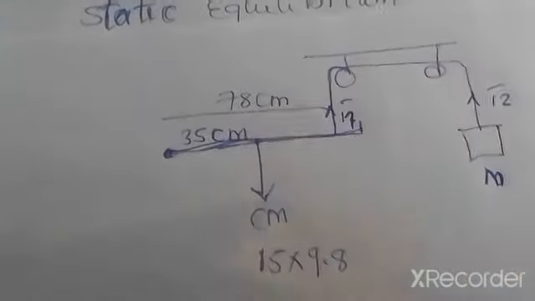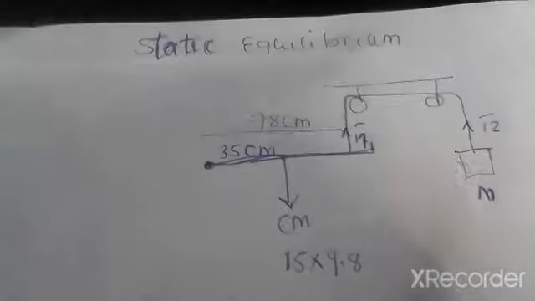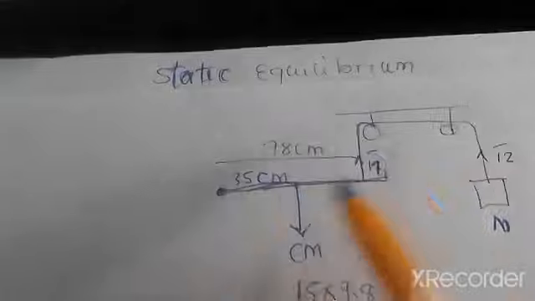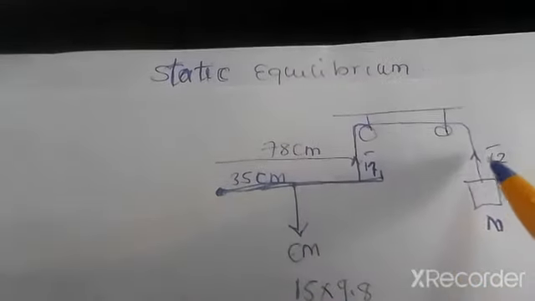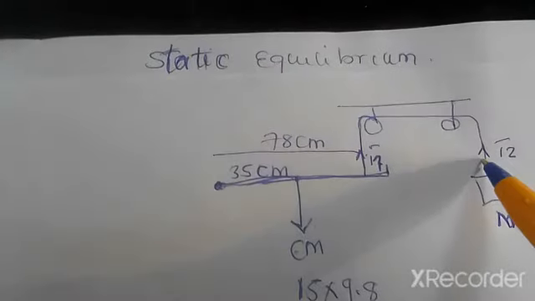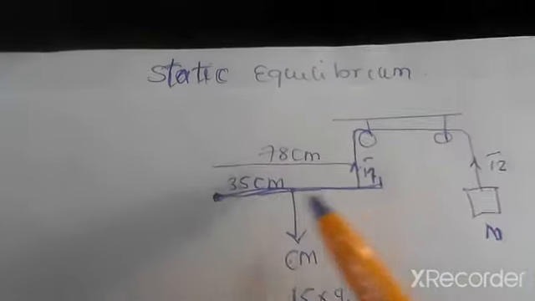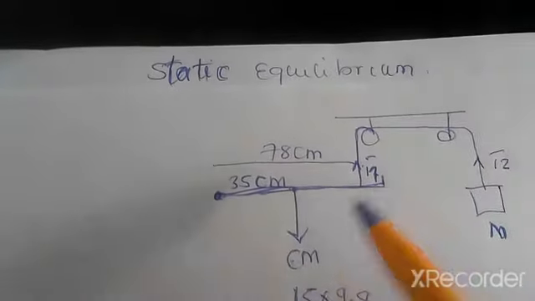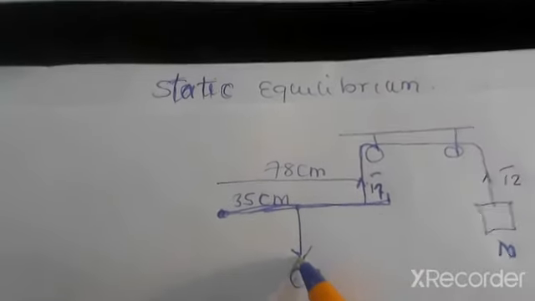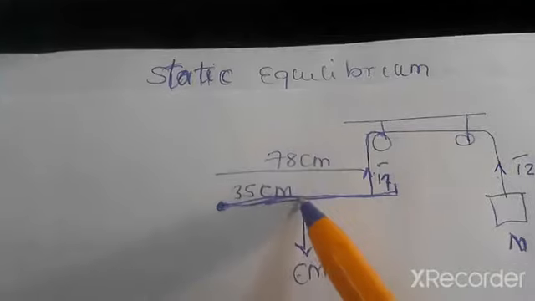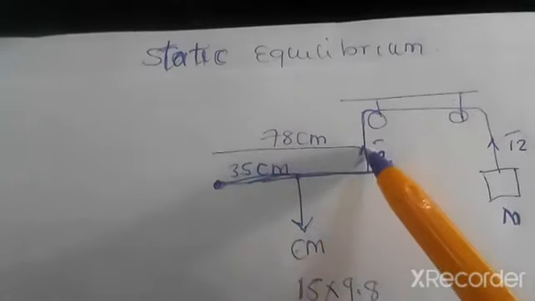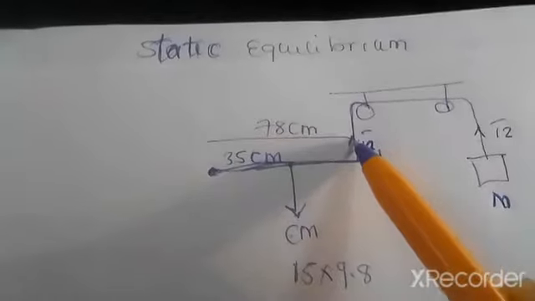How do we find the value of M? If this system is in equilibrium, the tension T1 is going to be equal to the tension T2. Again, in equilibrium, the torque with reference to the center of mass is going to be equal to the torque with reference to tension 1.